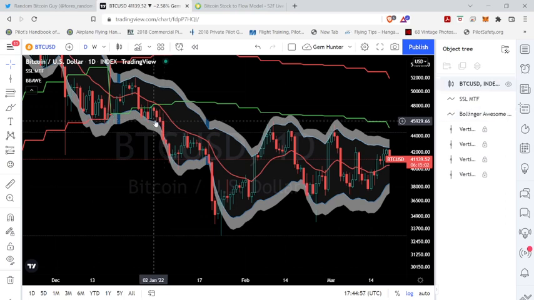So when it drops inside this band here, the gray area, if we close in here, then we're going to go 150. We're going to hold it at one. Actually, my bad. Sorry, my bad.